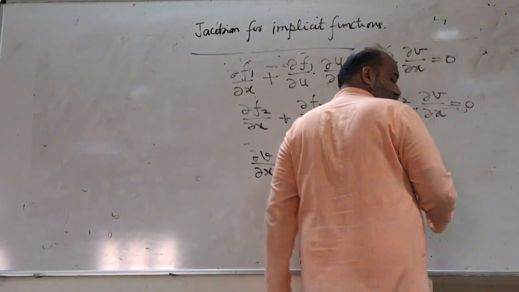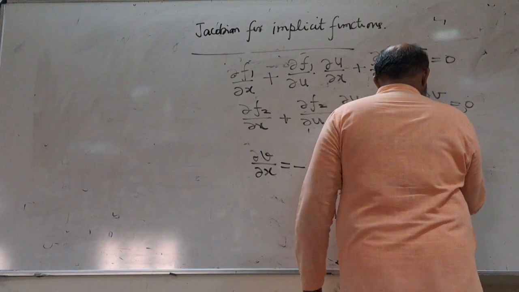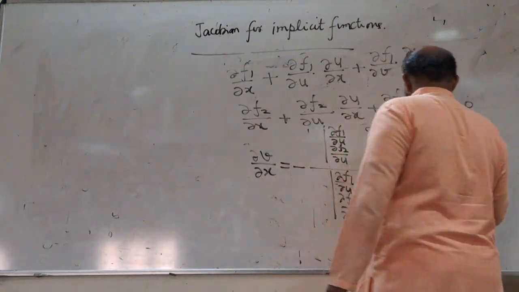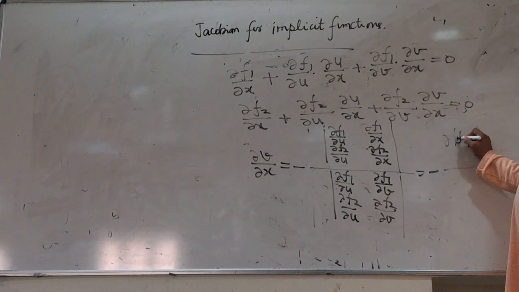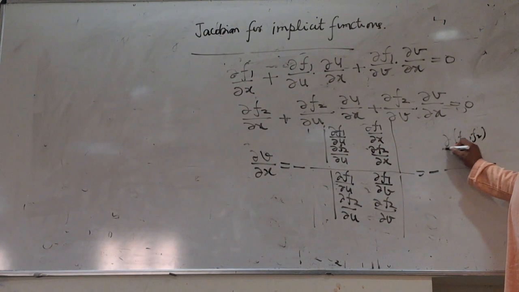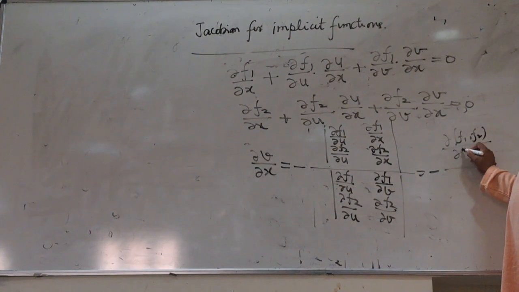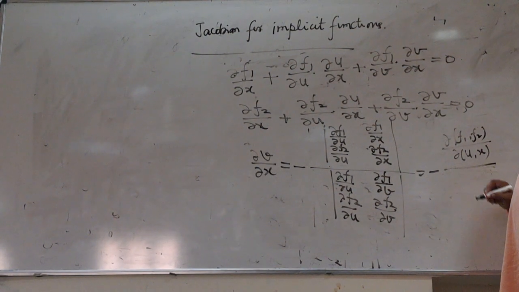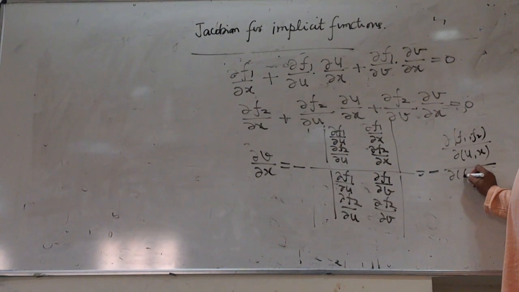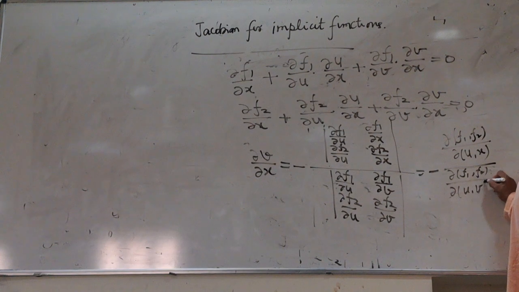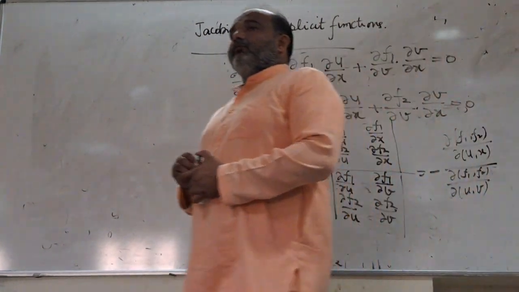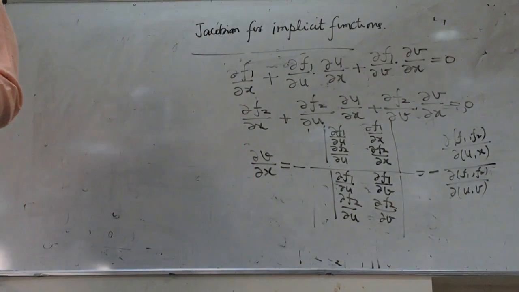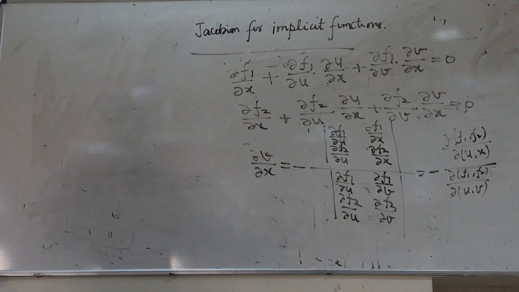So this will be equal to minus Jacobian of f1 and f2 with respect to u and x, divided by Jacobian of f1 and f2 with respect to u and v. So in this way I get the expression for del u over del x and del v over del x.